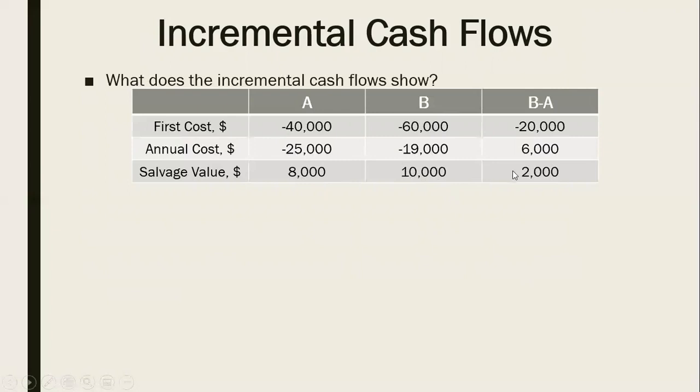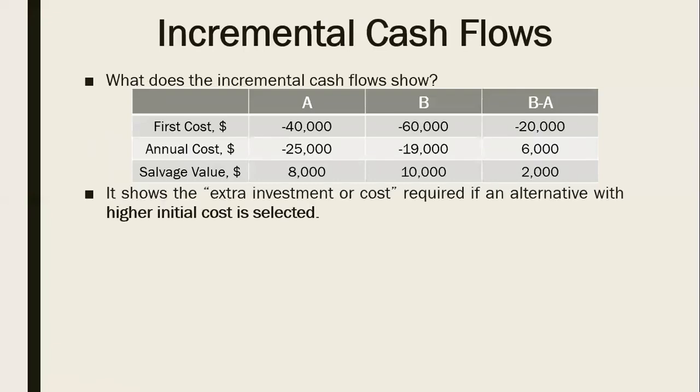So incremental cash flows show the extra investment or cost required if an alternative with higher initial cost is selected. If we select option B rather than A, we need to invest 20,000 extra upfront, and then we can save 6,000 per annum in annual expenditures, and we have an additional cash inflow of 2,000 at the end of the life of B.